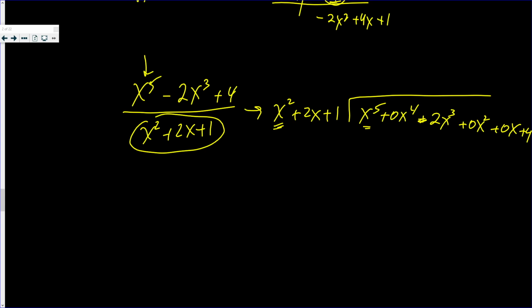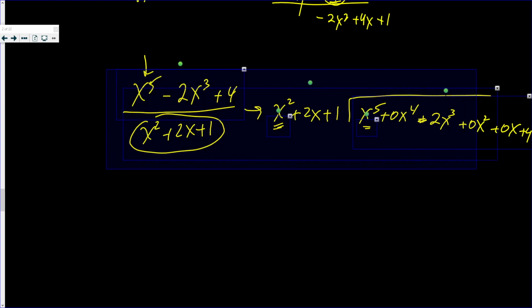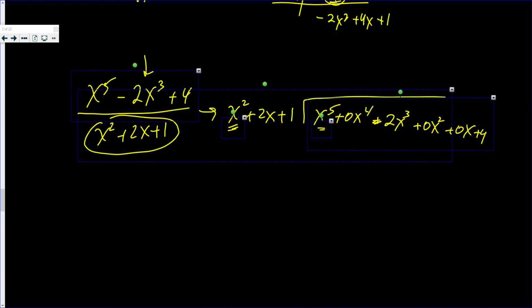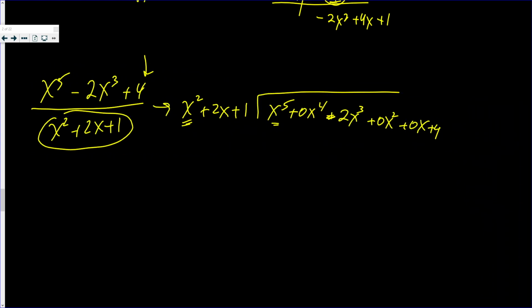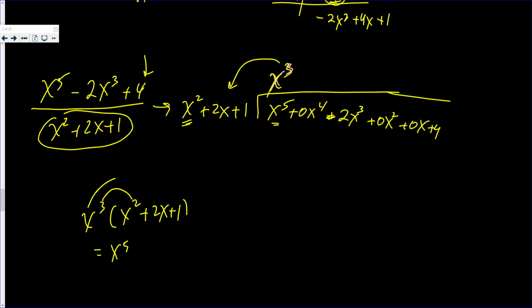The answer is x cubed. So we put x cubed up here without changing the color. And then you multiply. What is x cubed times x squared plus 2x plus 1? Well, it's x to the 5th plus 2x to the 4th plus x cubed.